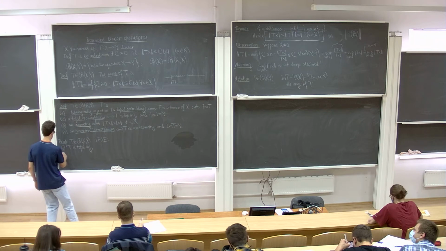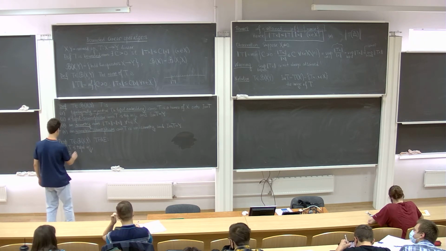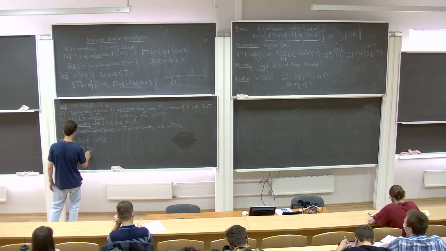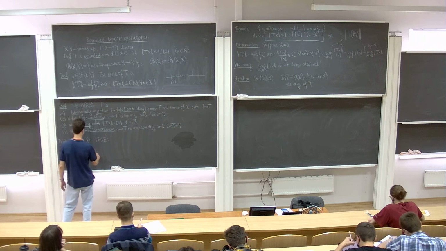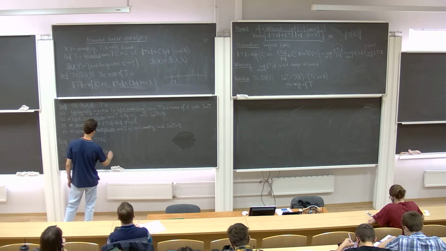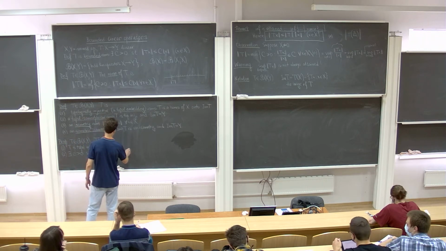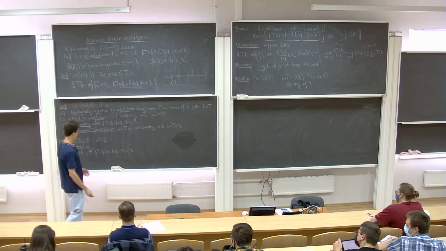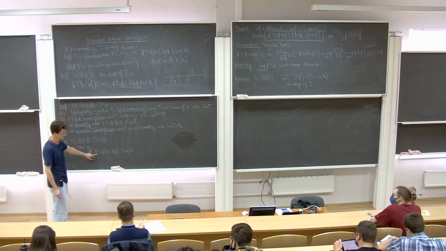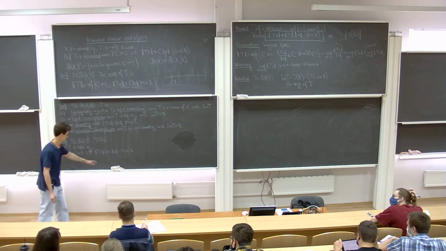And condition 2, there is a positive constant C such that the following inequality holds. So actually we have the inequality which is opposite to the inequality which appears in the definition of a bounded operator.